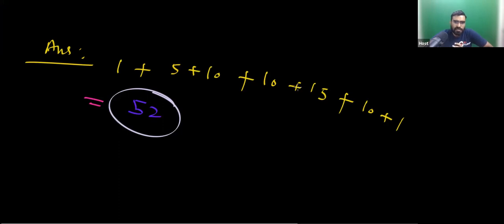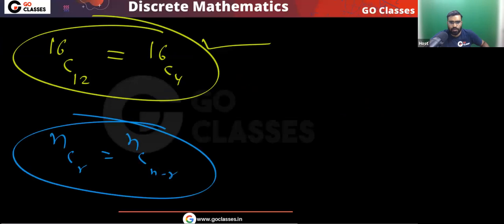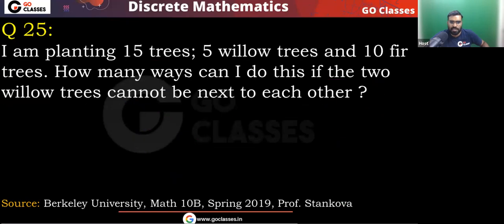So Anish is asking, in question number 25, is there any way to figure out if the trees are identical or not? No, there is no way. I told you sometimes you have to read the question maker's mind. Anish, in the GATE exam, sometimes it happens. There are multiple GATE questions in previous years where you have to read the question maker's mind.